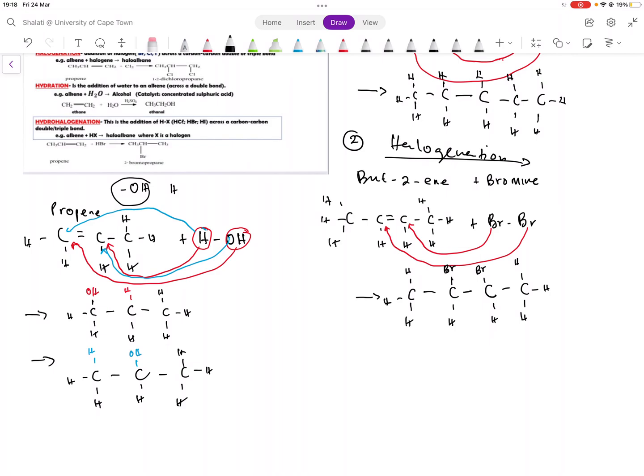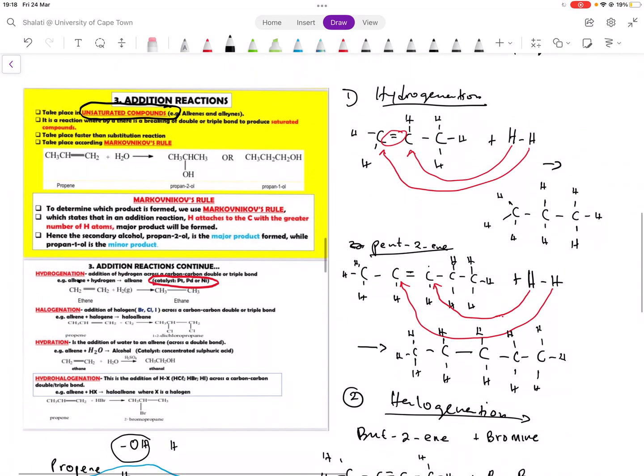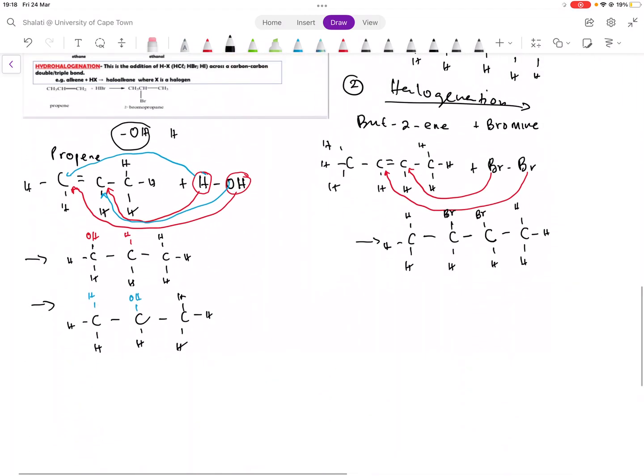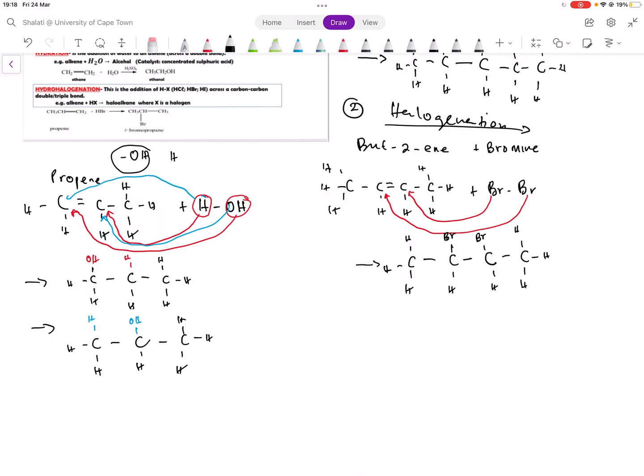So you now have a job to determine which major product is going to form. To determine the major product, we're going to use the Markovnikov rule, which is written on this page here. This rule basically states that if you have to add a hydrogen and something else, the hydrogen will always prefer to go where there is the most number of hydrogens. That is the rule. So let's check.